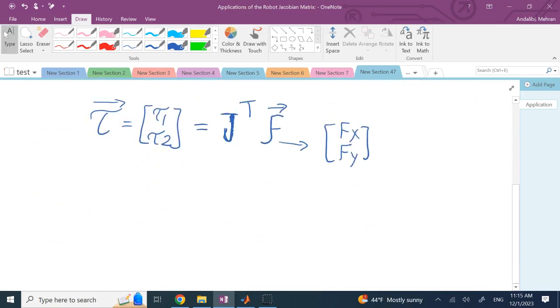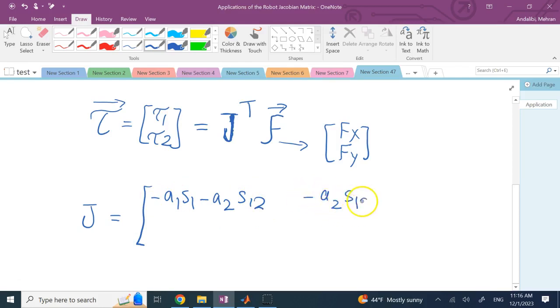Again, if you look at my previous lectures, you know that the Jacobian for this robot is, in general, negative A1 S1 minus A2 S12, negative A2 S12, then A1 C1 plus A2 C12, and A2 C12.